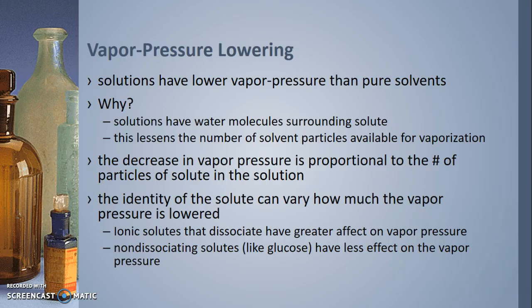If you have an ionic compound, remember it breaks apart completely into ions, whereas the covalent compounds stay together in groups. They break apart, but they stay together in molecules. That means the ionic compound broke apart into more pieces, and therefore it can have a greater effect because you have more little chunks hanging out in the water to hold it down than with a covalent compound.